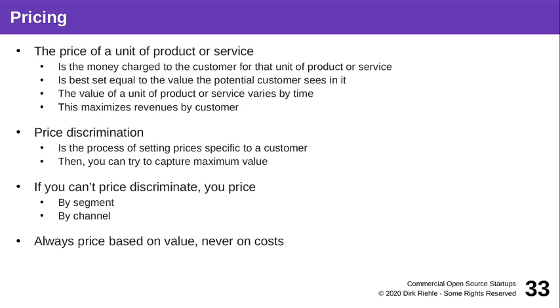As you sell a product, you need to figure out what to charge customers. And you may think that's an art, but it can also be a science. So the price is what customers pay, but you have to structure it.